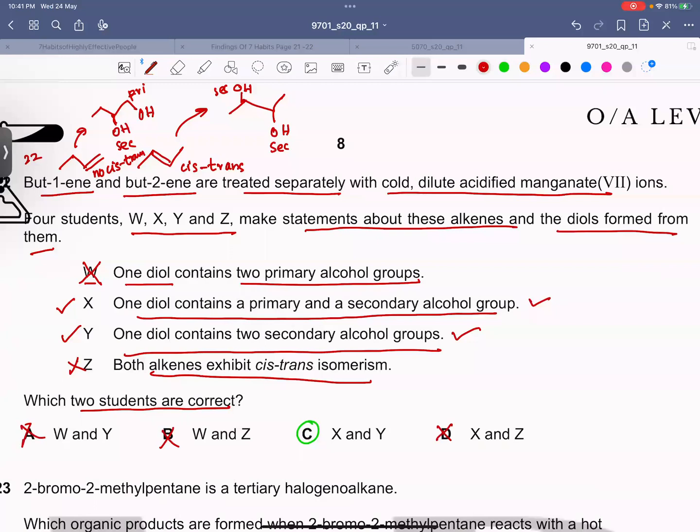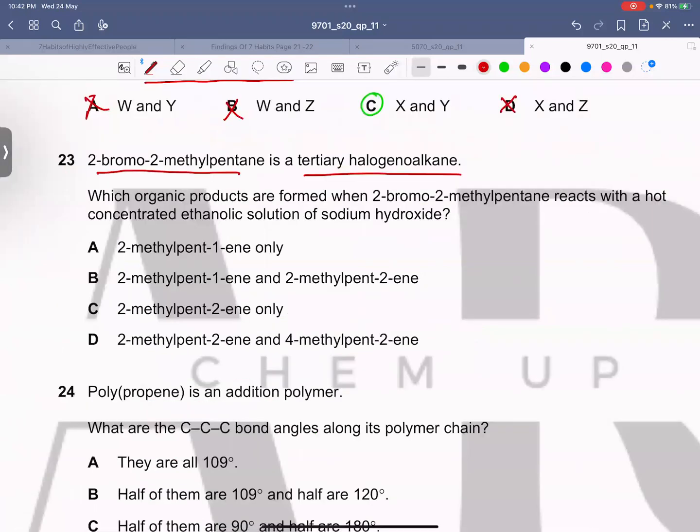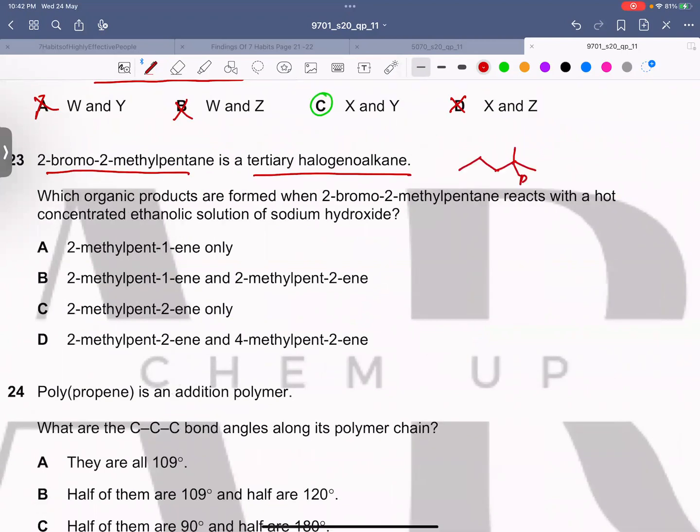Question 23. 2-bromo-2-methylpentane is a tertiary halogenoalkane. Pentane 1, 2, 3, 4, 5, 2-methyl and 2-bromo. Which organic products are formed when it reacts with a hot concentrated ethanolic solution of sodium hydroxide? So it's ethanolic sodium hydroxide, which means elimination would occur.